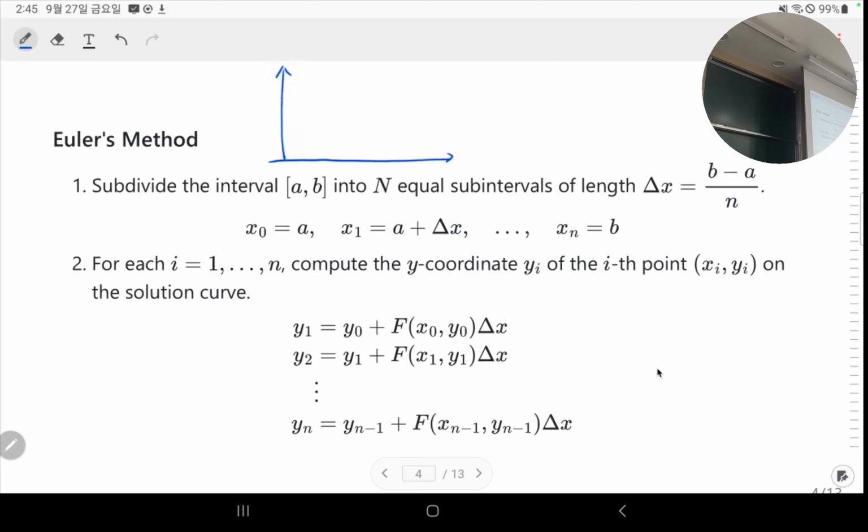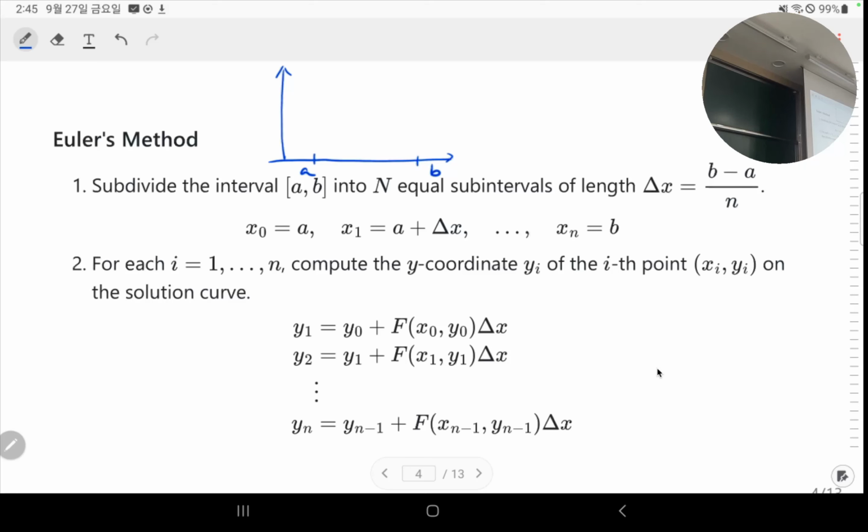So we want to visualize or graph the function over a certain interval of the domain, let's say A to B, and I just want to know where my y values are located at each point in this interval.